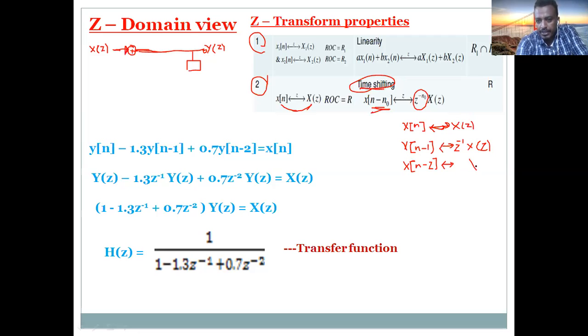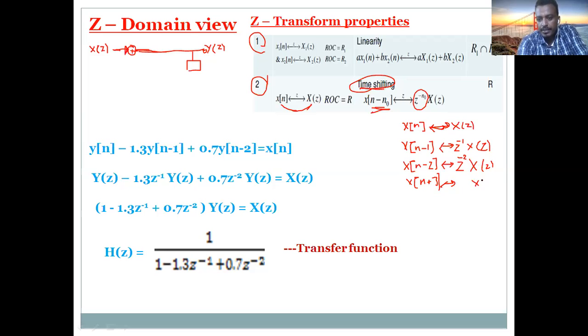Simply X of z multiplied by z to the power of minus 2. If you shift it by 3, multiply X of z by z to the power of minus 3. Now if you shift it, if it is n plus 3, what will happen to the z transform?